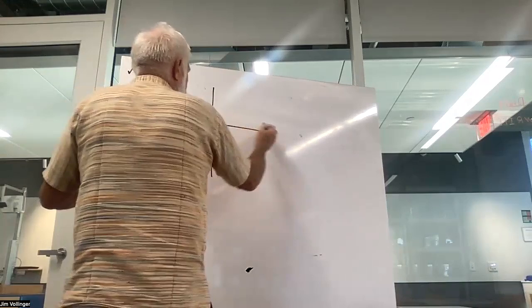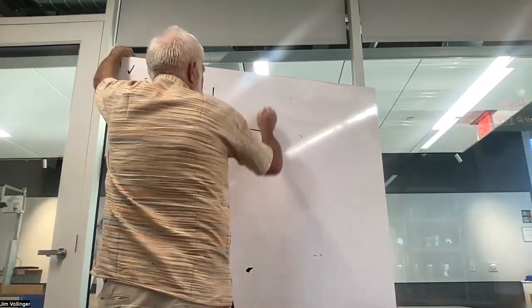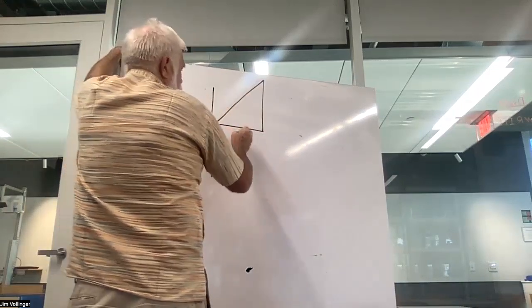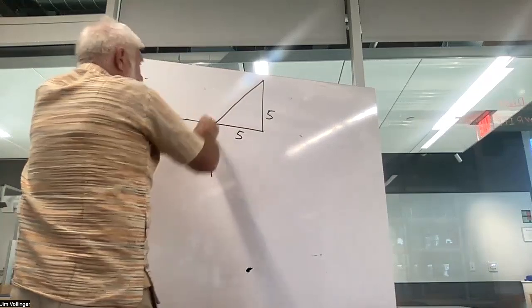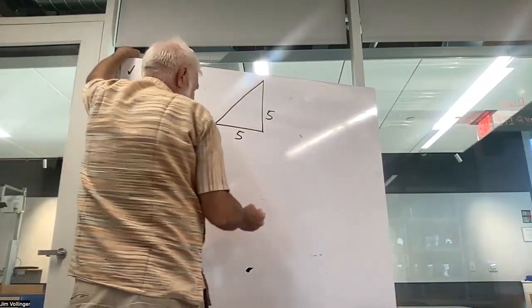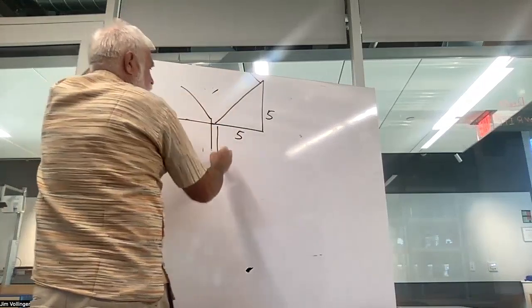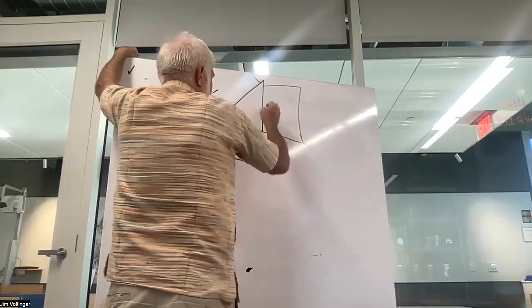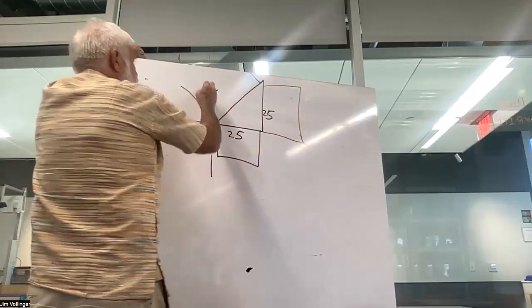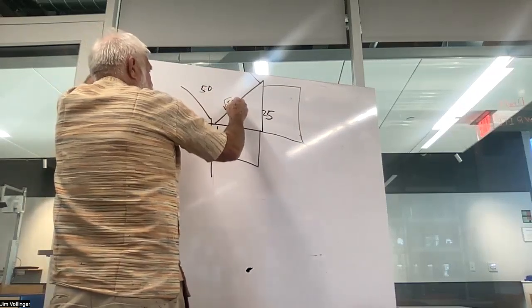Let's try another here, and then I think I will throw them in different quadrants. So let's go with 5 and 5. I already know that answer from trigonometry, but let's find it anyway. That's the big one, right? So how about if I take a little shortcut and call that 25, and call that 25, then this has to be 50, and therefore that's the square root of 50.